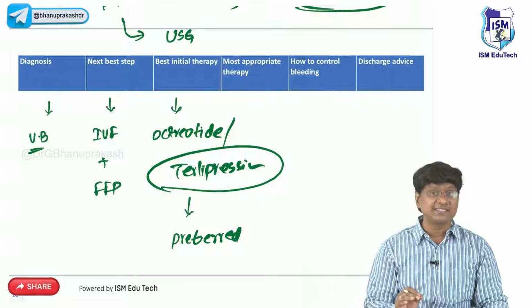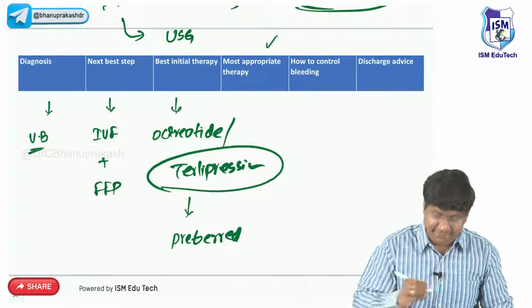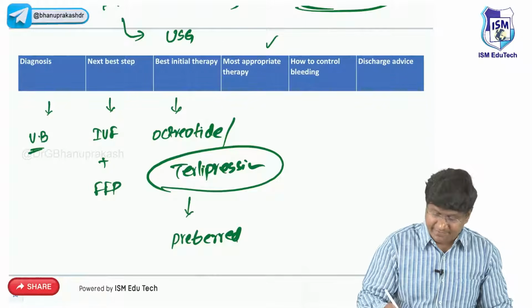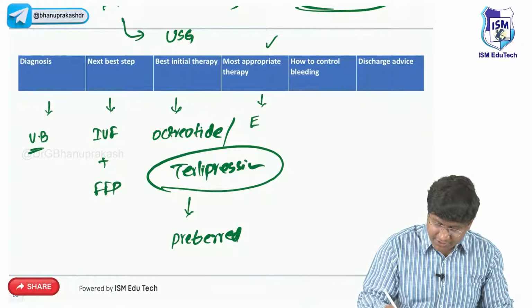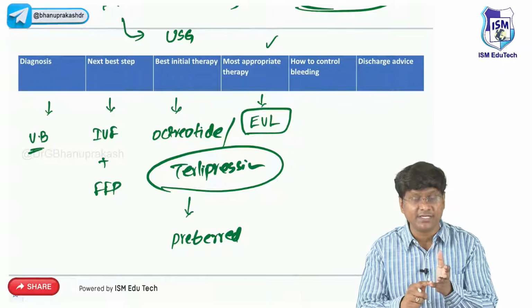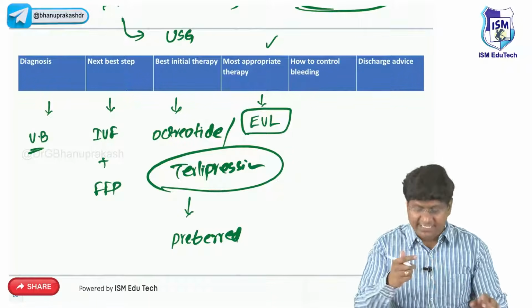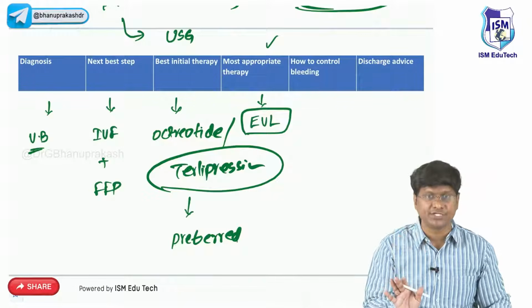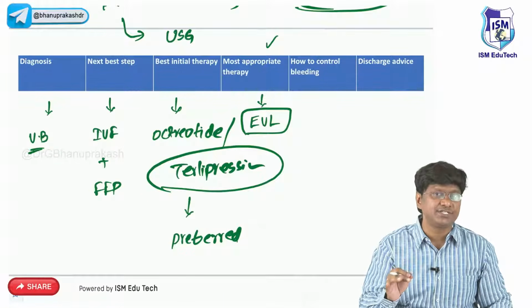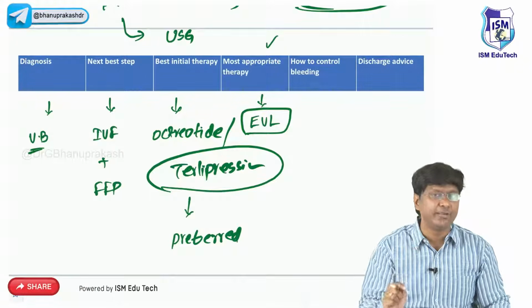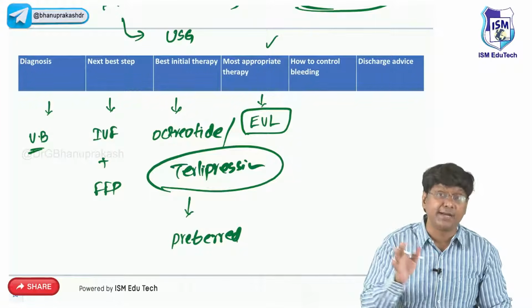Next is the most appropriate therapy. Most appropriate therapy will be esophageal variceal ligation or esophageal band ligation, that is, endoscopic band ligation, in which the bands are placed over the bleeding veins to cause the tamponade effect.